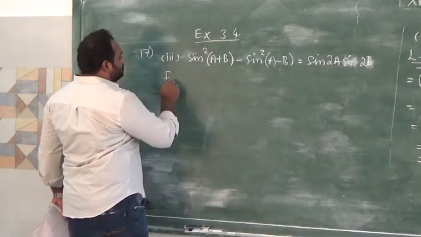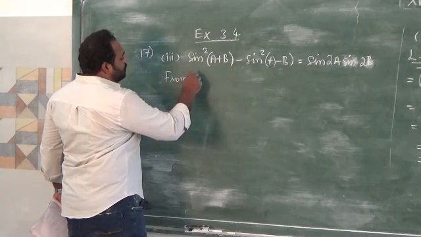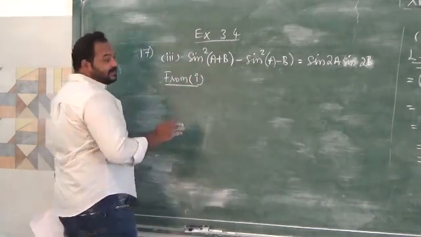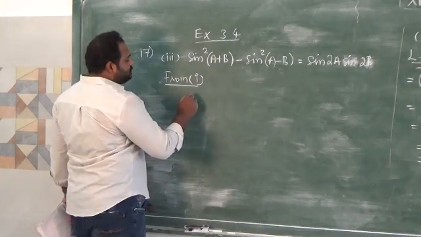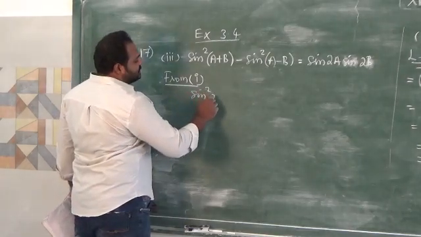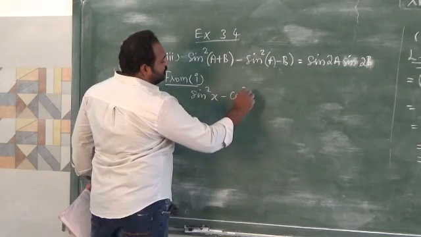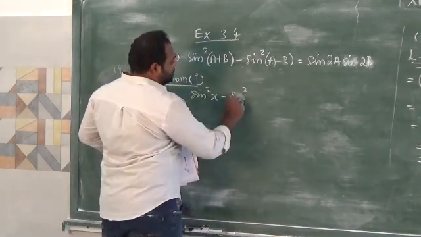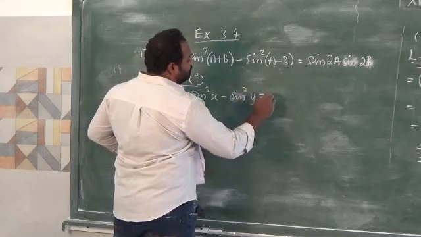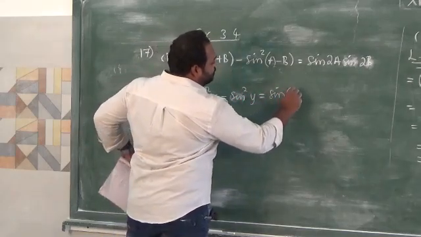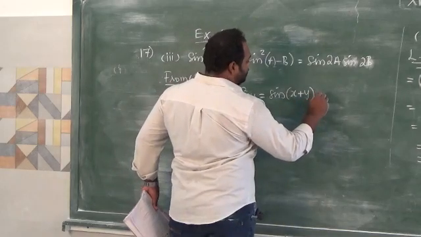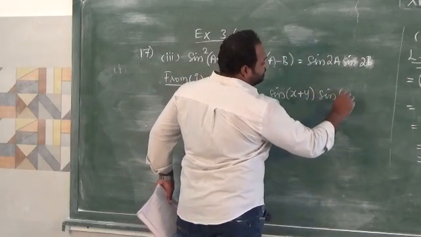What is the proof from subdivision 1? Sin square x minus sin square y equal to sin(x plus y) into sin(x minus y).